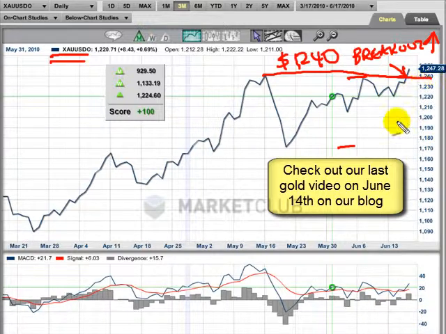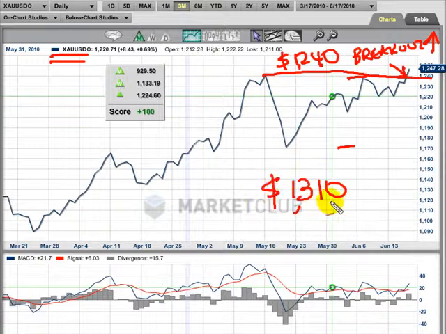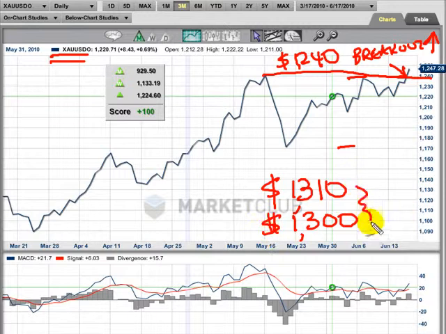You're looking at 70 points. Add 70 points to 1240, and it gives you 1310. That's $1,310 an ounce. I would say the 1300 level is the level you should be probably looking at. These two levels, if we close up here today, I think we'll be seeing this market move higher.